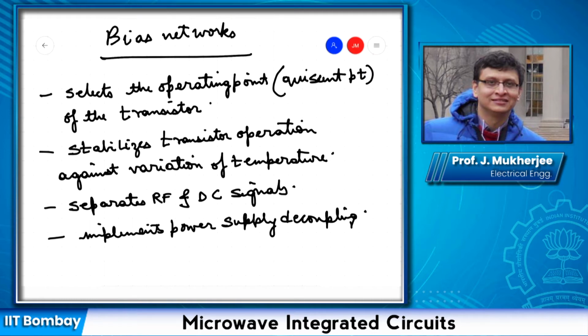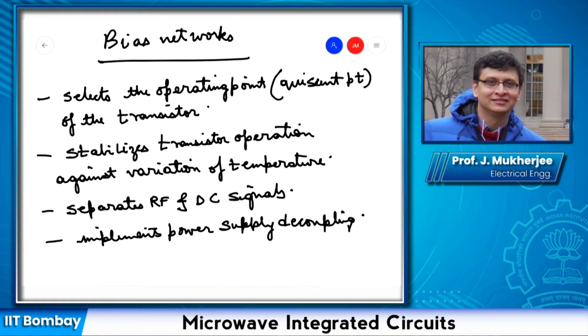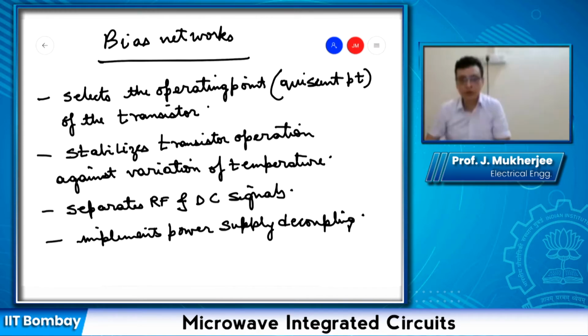First is to select the operating point of the transistor. We all know from basic electronics that the operating point of the transistor is an important parameter, because it selects the drain current that will be flowing into the transistor, or in the case of BJTs, the collector current, and sets that at the required voltage.